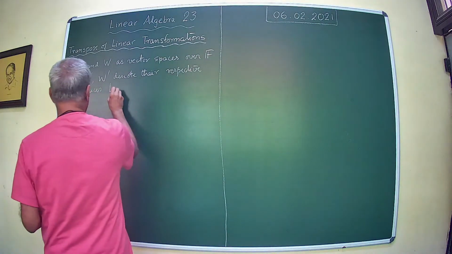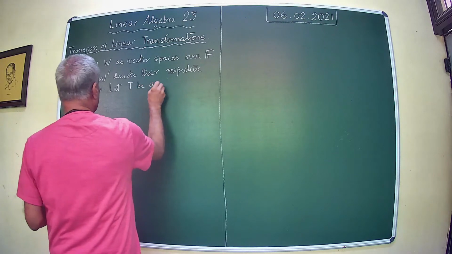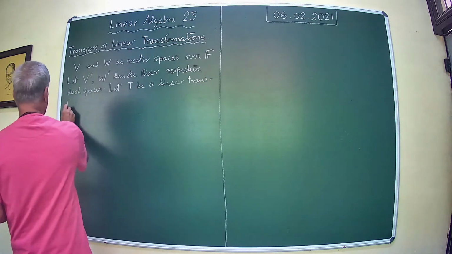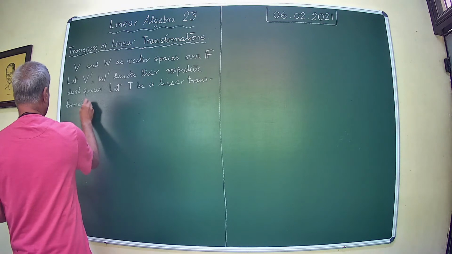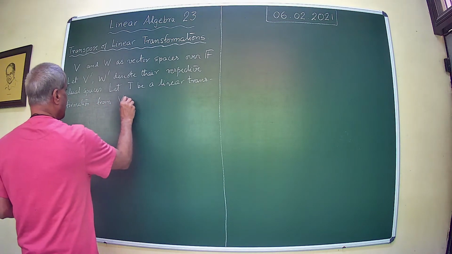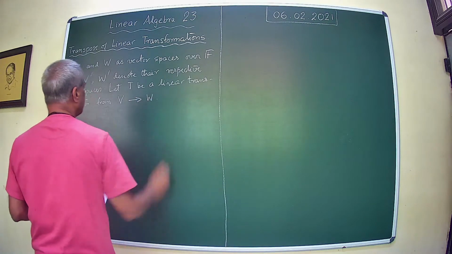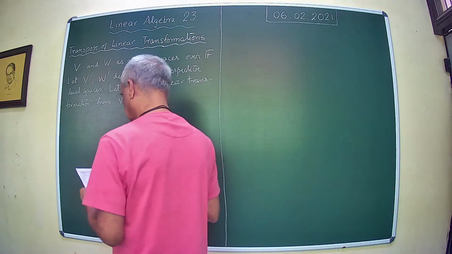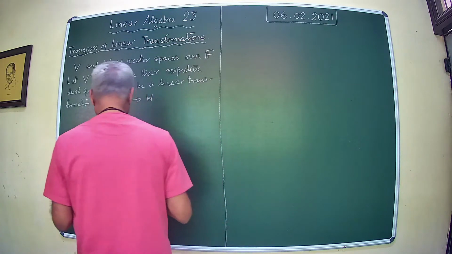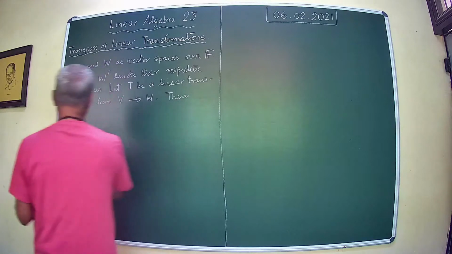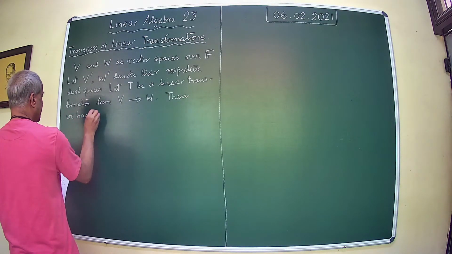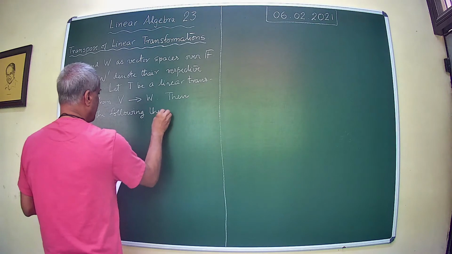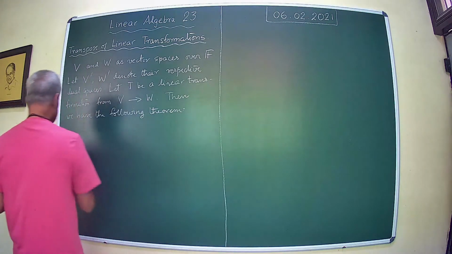Let T be a linear transformation from V into W. Then we have the following theorem.